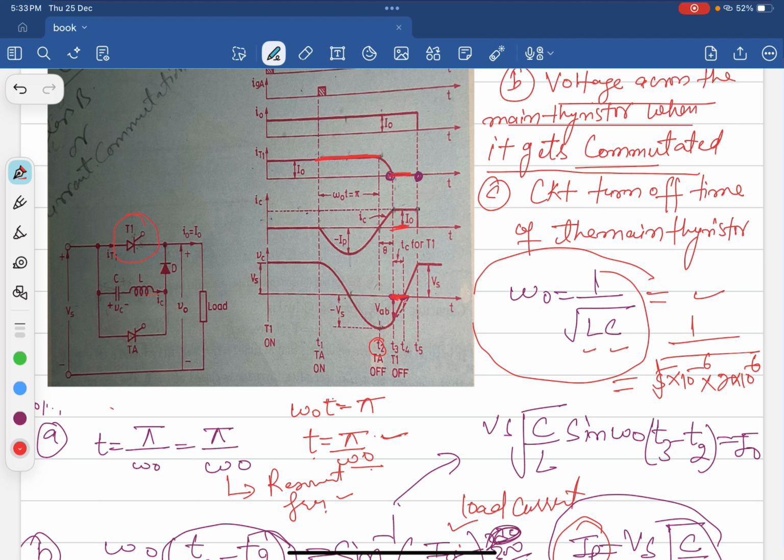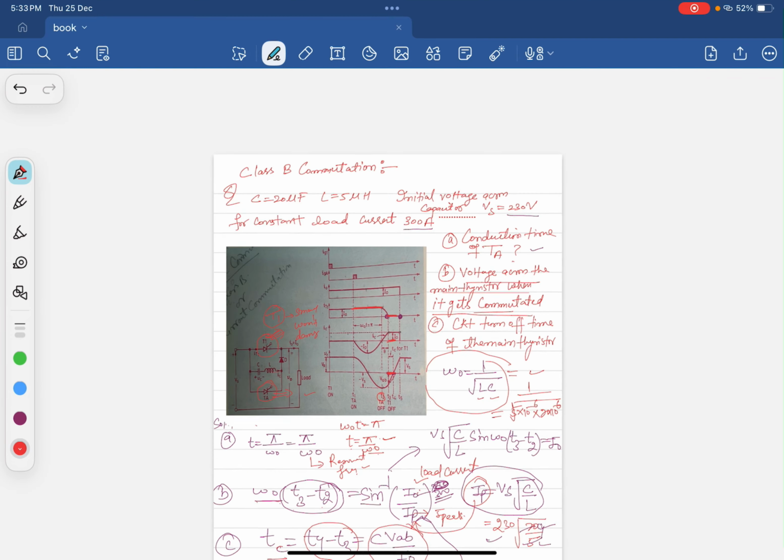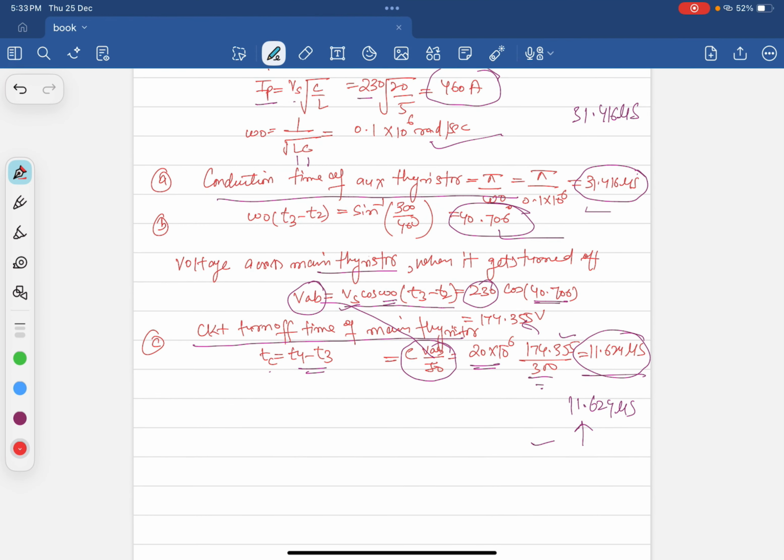So we always have to keep the turn off time of thyristor T1 very small, so that our main thyristor won't get damaged. This is our main thyristor. The auxiliary thyristor is always designed for higher values, but the thyristor T1 should commutate in a very short period of time. You can see it is 11.62 microsecond. Thank you very much.